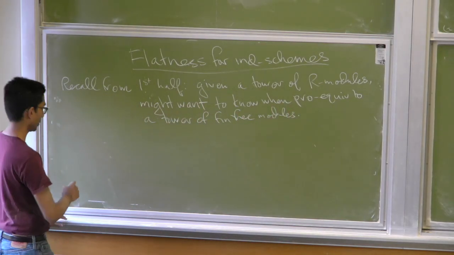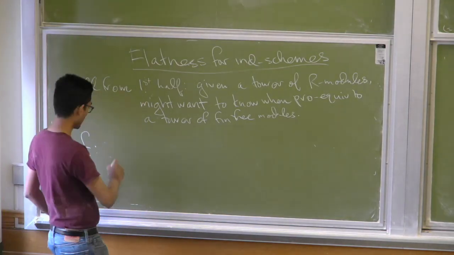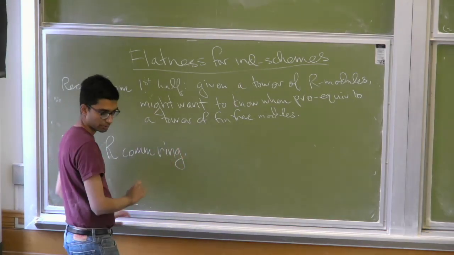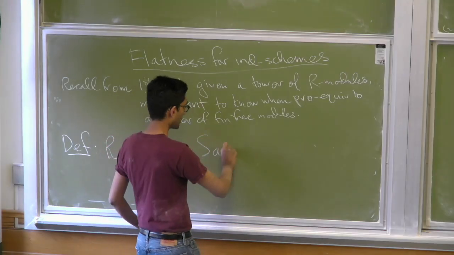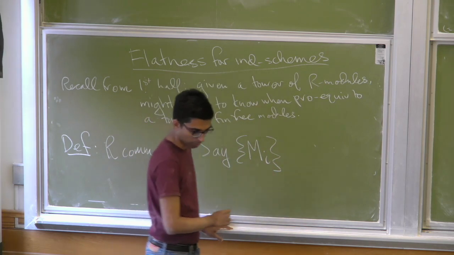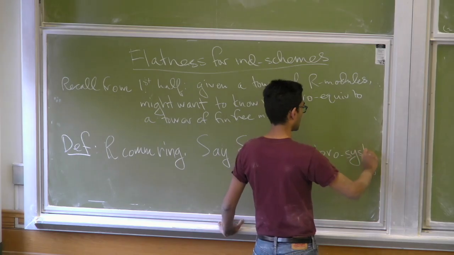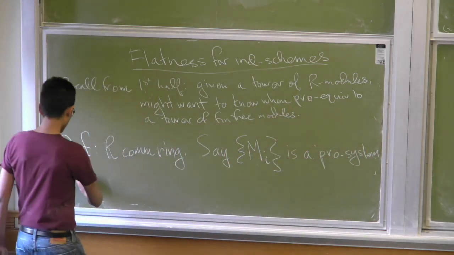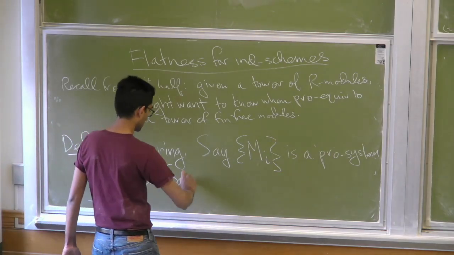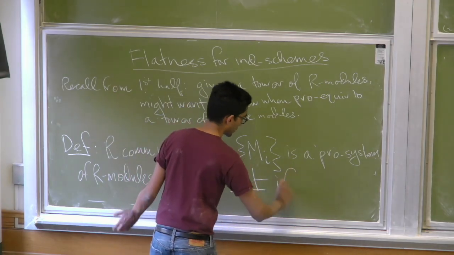All right, so following definition. Let's say R is a commutative ring, and let's say I have a pro system. For this it actually doesn't need to be a sequential pro system, any system makes sense. So say M is a pro system of R-modules. We're going to say that it's flat if the following holds.